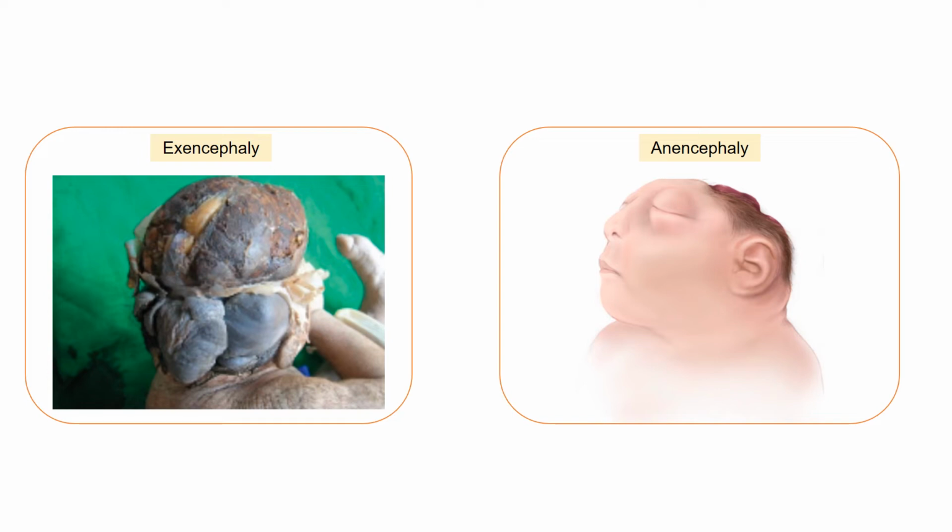And in some instances, some of these anomalies might include the brain possibly being partly or entirely outside the skull, as in the case on the left here, which is exencephaly, or in other instances, like on the image on the right here, the forebrain might fail to develop entirely, and that is known as anencephaly.